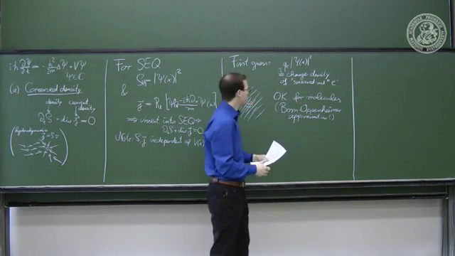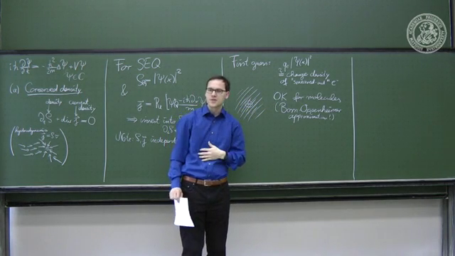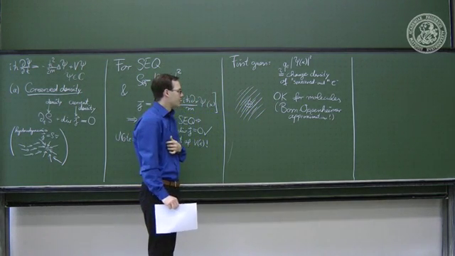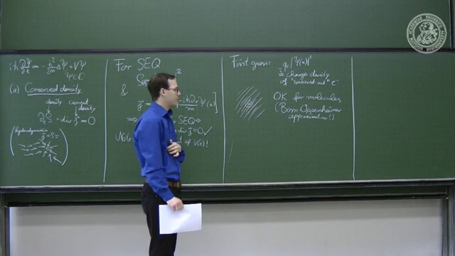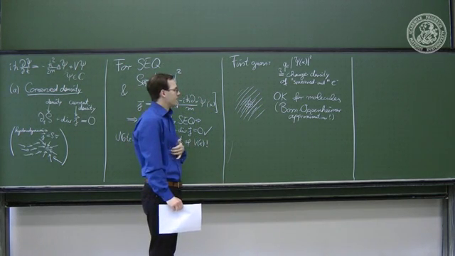So there are at least some purposes for which this concept of the smeared out charge density is quite good. Nevertheless, if you think about it harder, it really doesn't work. And there are many places where you realize that it doesn't work.